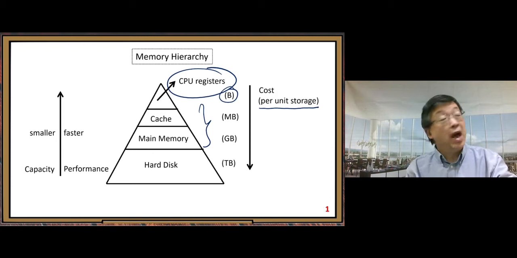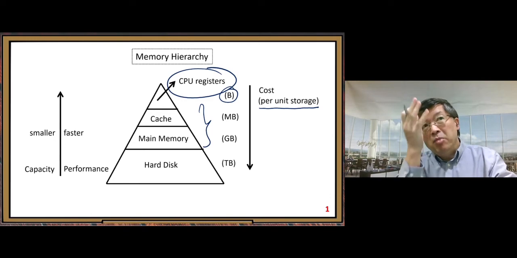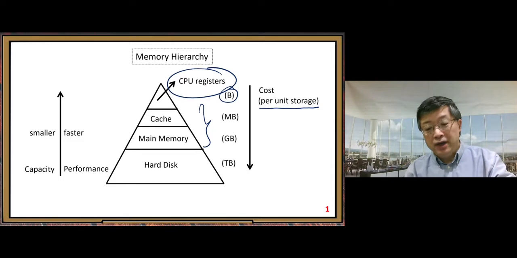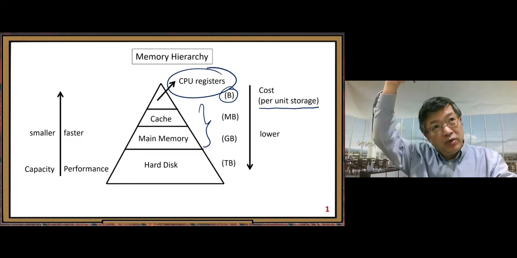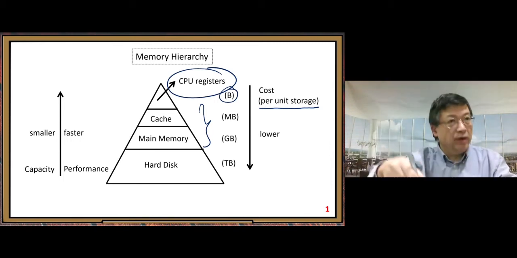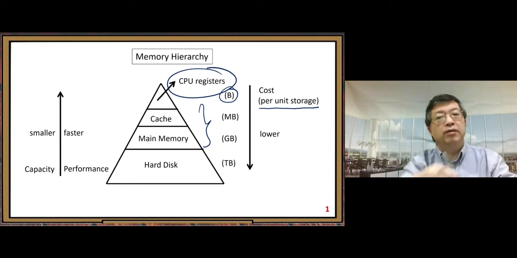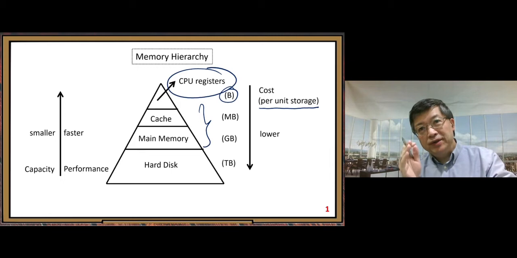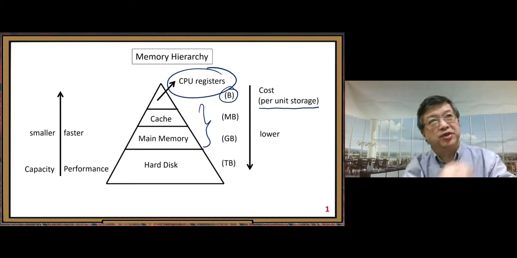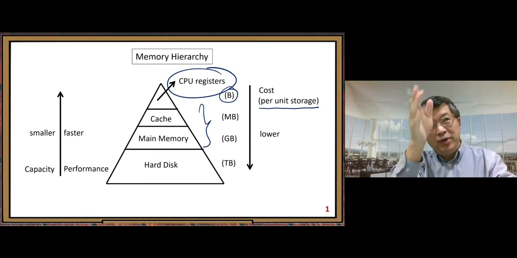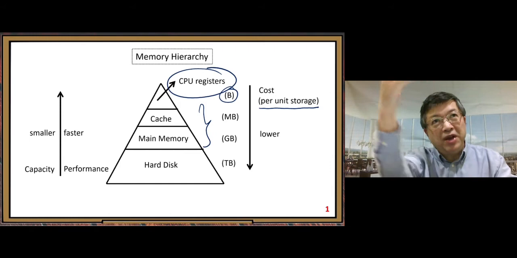Otherwise, it's not a fair comparison. So we only look at per unit storage. When we move along the arrow going down, the cost becomes lower and lower. Hard disk has the cheapest per unit storage cost among all four levels. CPU registers are the most expensive.